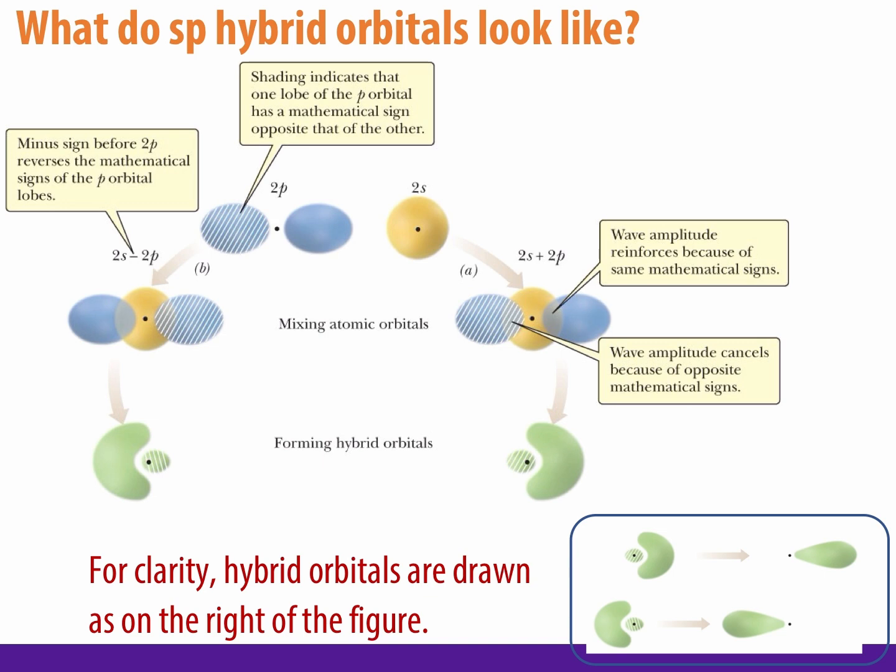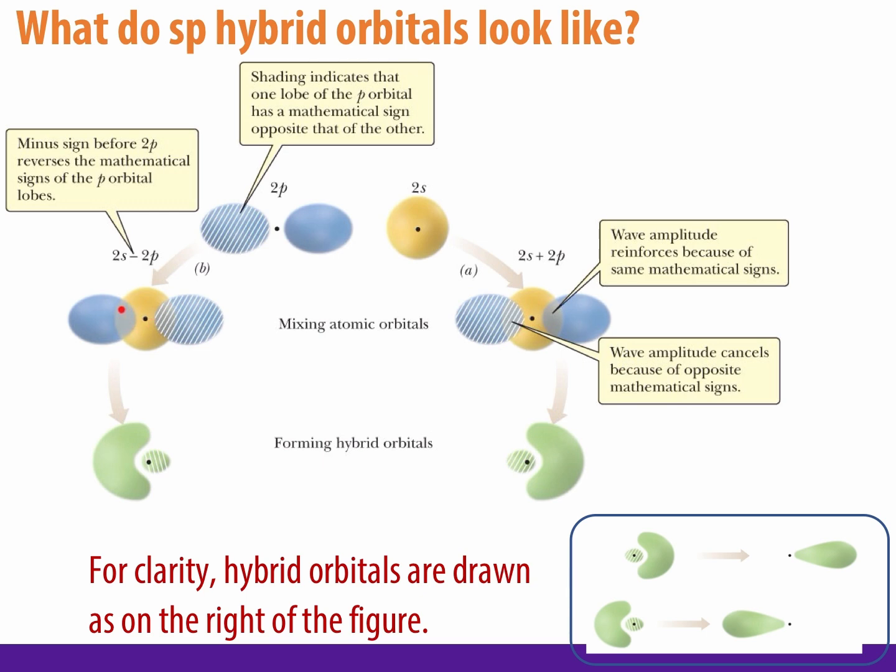Okay, so what do these hybrid orbitals look like? Well, this shows a picture of what would happen when we mix the atomic orbitals to form hybrid orbitals. So first we take the 2s and 2p on a particular atom to form an sp hybrid. When we add the two together here, we get constructive interference over here.